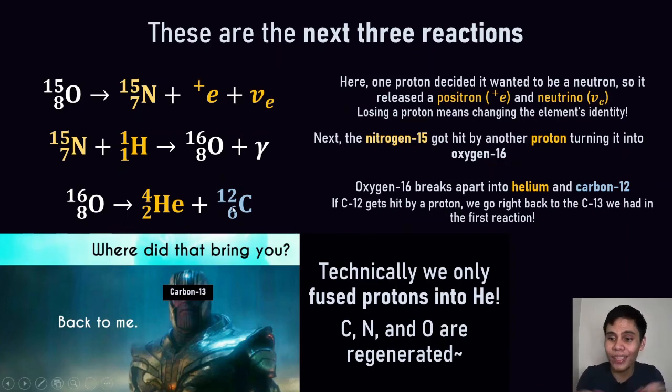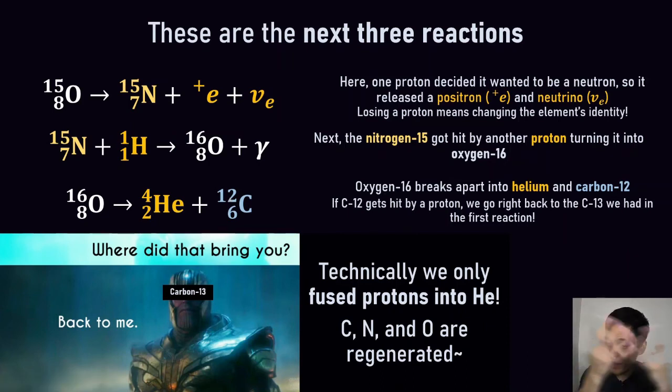So carbon-12 is the stable isotope of carbon. One easy way to know if it's a stable isotope is if the bottom number is half of the top number.